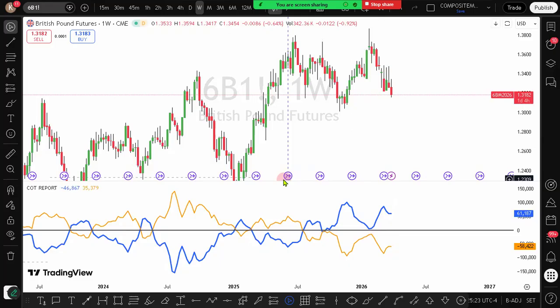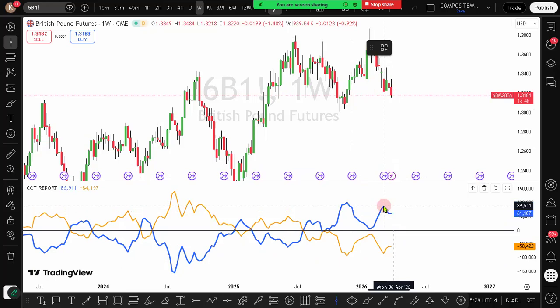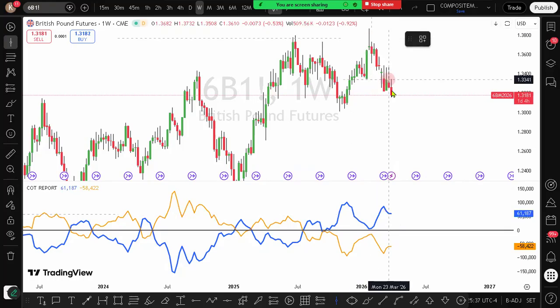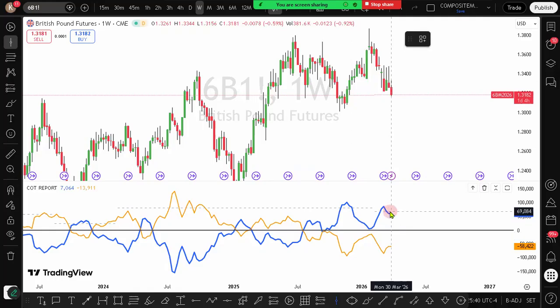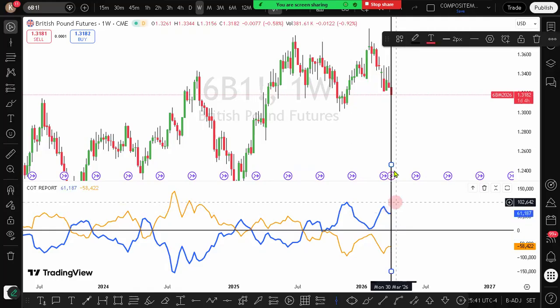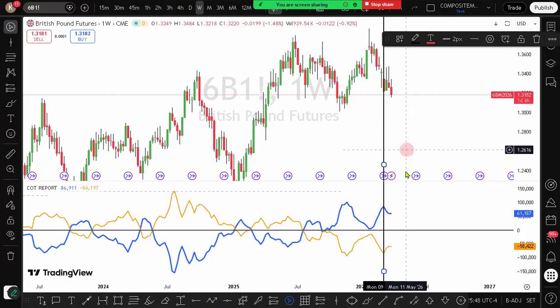I'm not going to go into a lot of detail, but you can see that most of the time when the commercials are heavy long, here we can see a small curve because we had this sell here, and the non-commercials were selling the trend. But you can see, despite that, when commercials were heavily long, the market did not really rally.